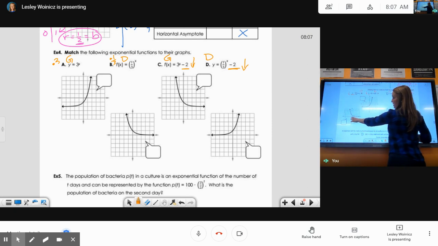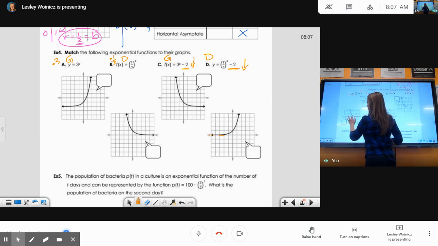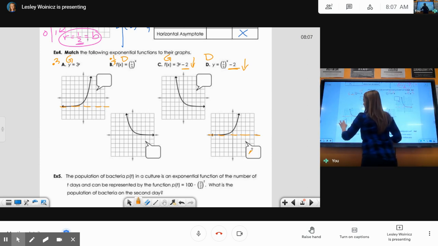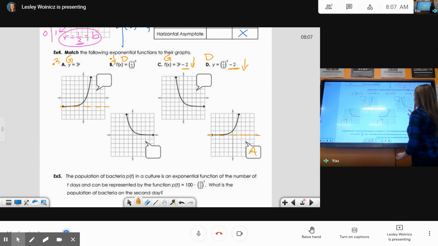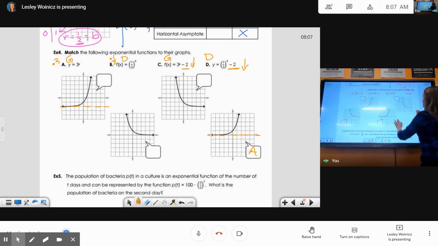This one over here is growth, but it's not shifted. The horizontal asymptote is right here, as opposed to this one, which is right here. You see the difference? So this is A. Now the other one that's growth is C, and that one does have a shift. So this has to be C.